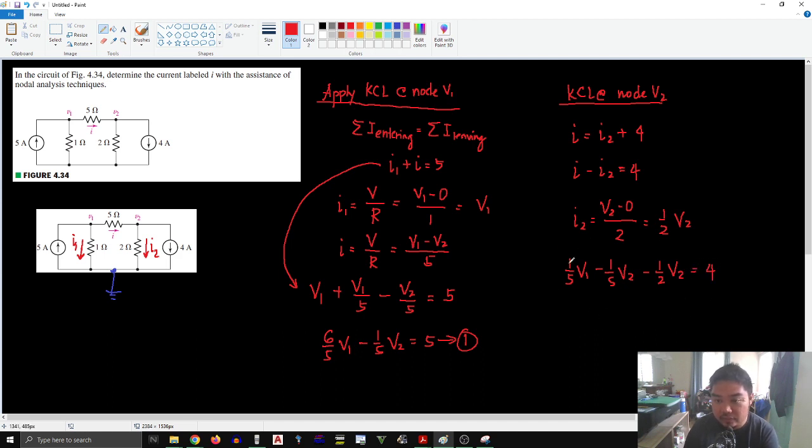Taking a look at this, the common denominator is 10, so this is negative 2 plus 5, or simply negative 7 over 10.